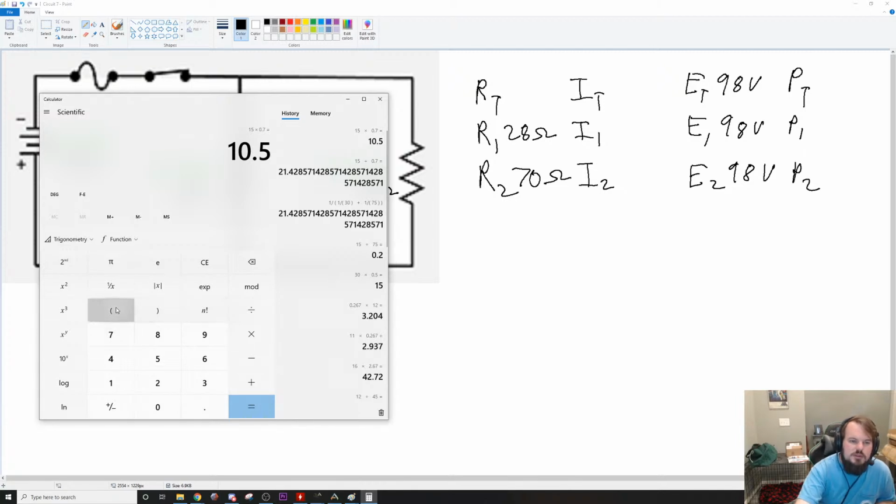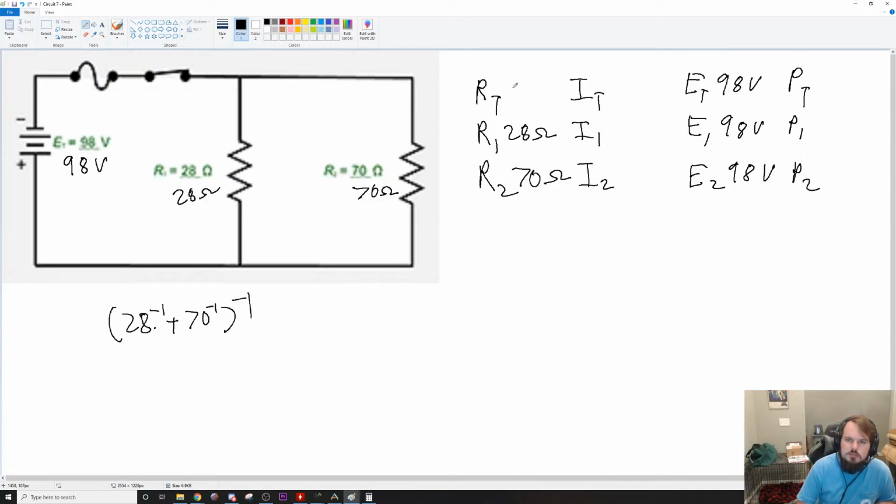So let's clear everything. Open parentheses 28 plus 70, and then one last one. So 20 ohms.